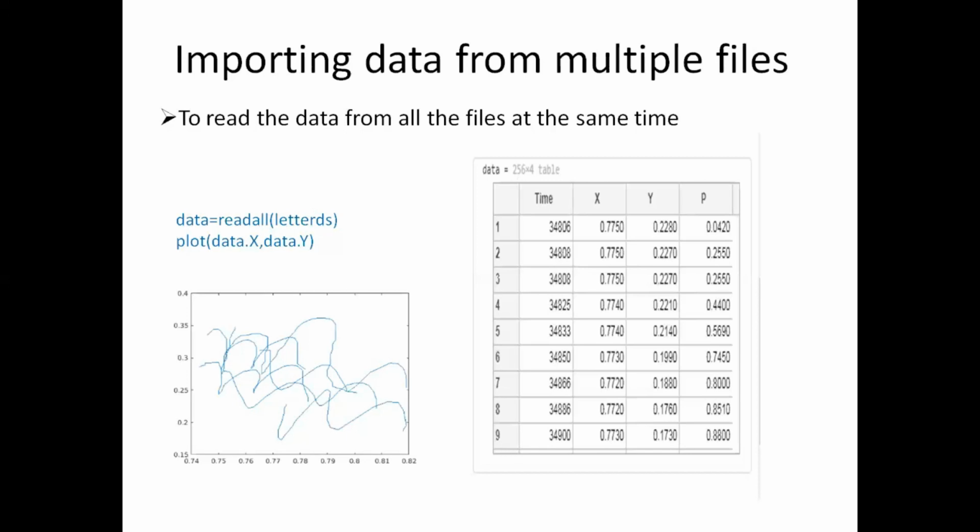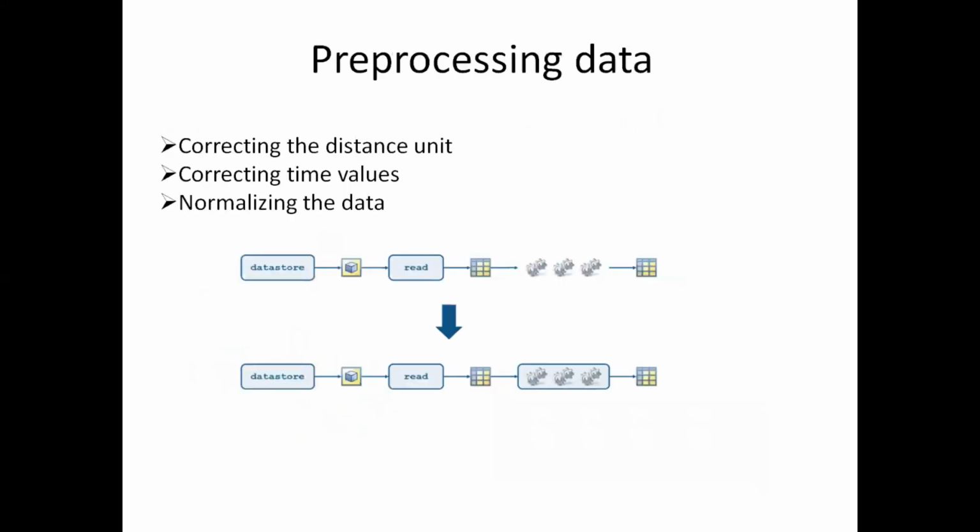Once we import the data, the next step that we need to perform is pre-processing the data. We have already seen this pre-processing step in the previous videos. There are 2 pre-processing steps that we have done. One is correcting the distance unit. We corrected the distance unit because the tab that is used for recording the handwriting data is a rectangular tab, so you need to correct the horizontal axis.